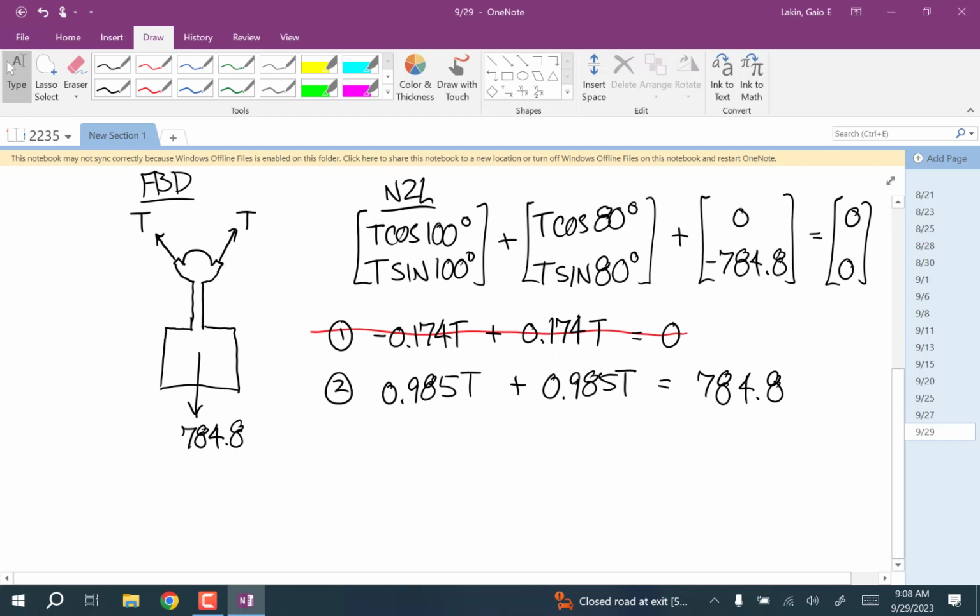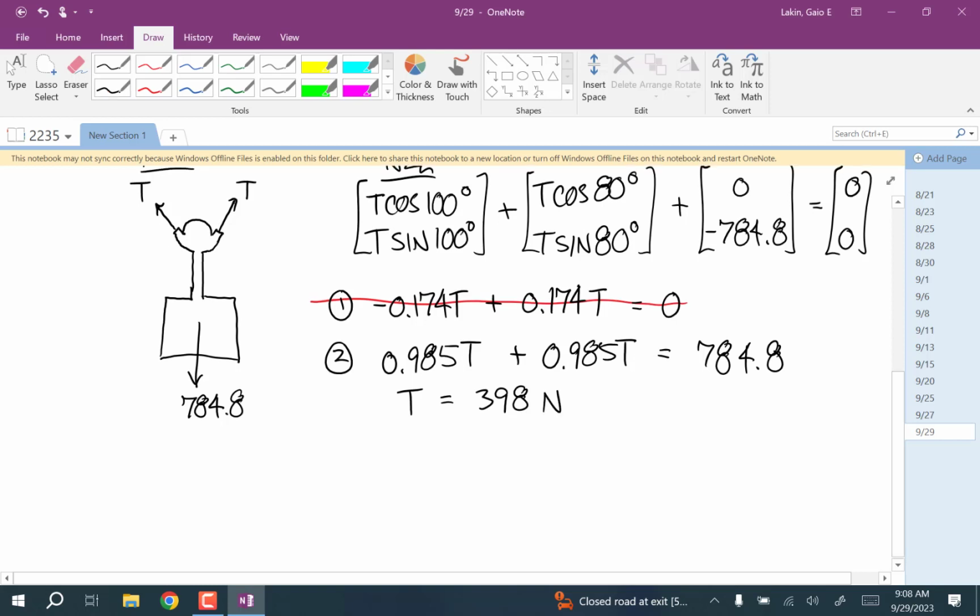And then T is equal to about 800. It's 398. Yeah. So T is equal to 398 newtons.